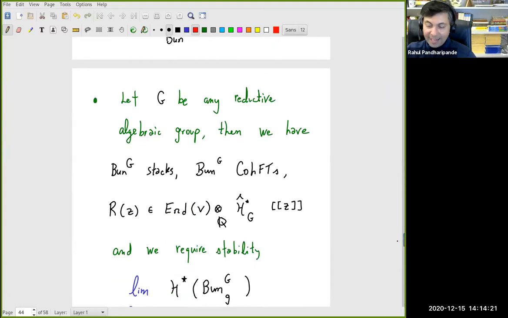So let G be any reductive algebraic group. I mean, if we're going to be speculating, we might as well speculate in the full range of the theory. Then there should be some Bun_G stacks and Bun_G CohFTs, and the R-matrix, and these should be defined in the same way I did before for Pic. And the R-matrix then lives in this completion of the equivariant cohomology.